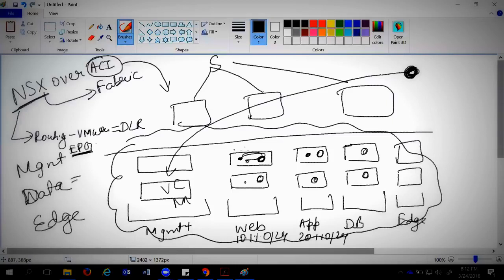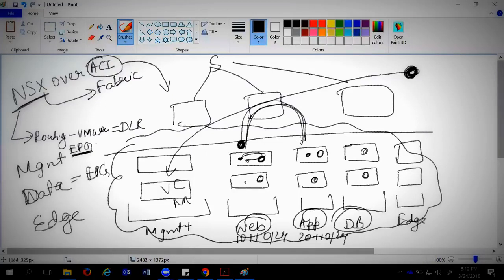Similarly, the data traffic going from web, app, and DBs is all data traffic, which is specifically for NSX. So you can define a set of EPGs, and to make the traffic switch over from one server blade to another server blade, you're providing a redundant path now. Not just a single switch you are connected to.